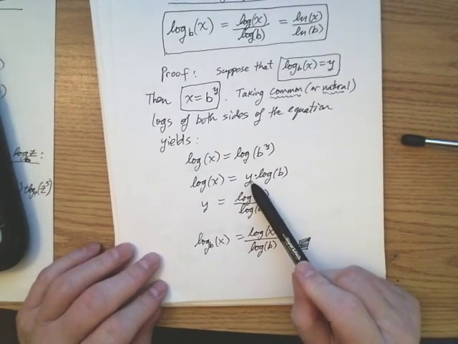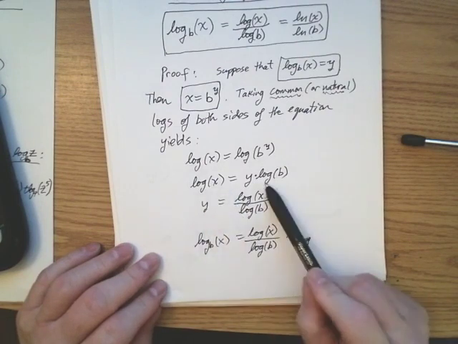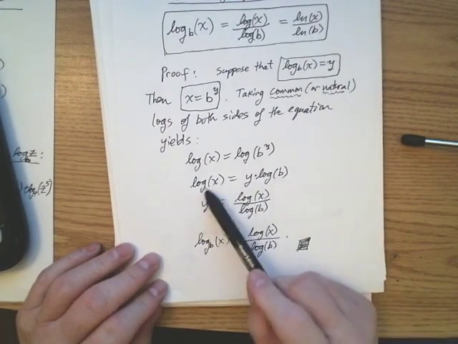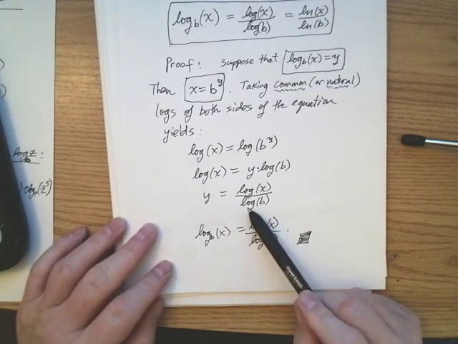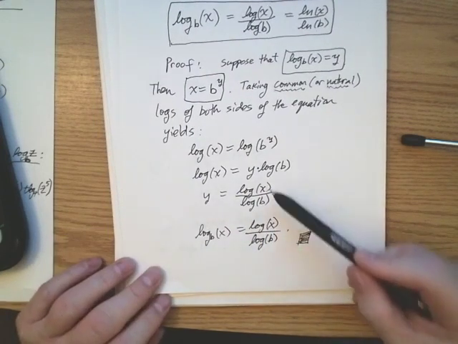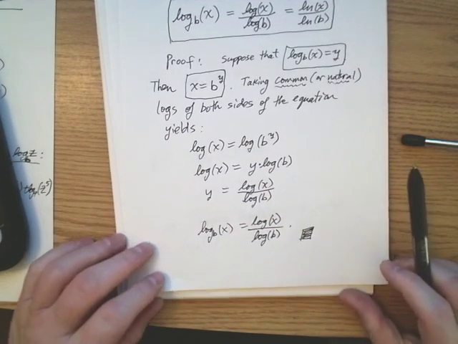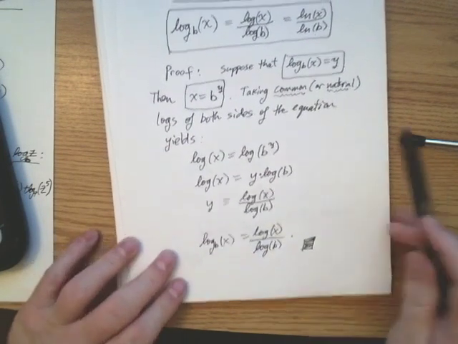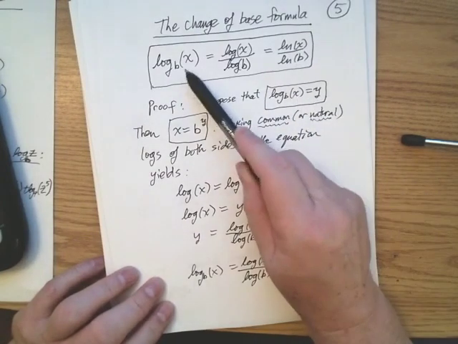Now I'm interested in y. Solve for y in this equation. This is a number, and this is going to be a number. It's easy to solve for y. It's going to be the logarithm base 10 of x divided by the logarithm base 10 of b, or we say more simply just log x divided by log b. But what was y again? Oh yeah, y was the logarithm base b of x, which is what I was originally interested in.